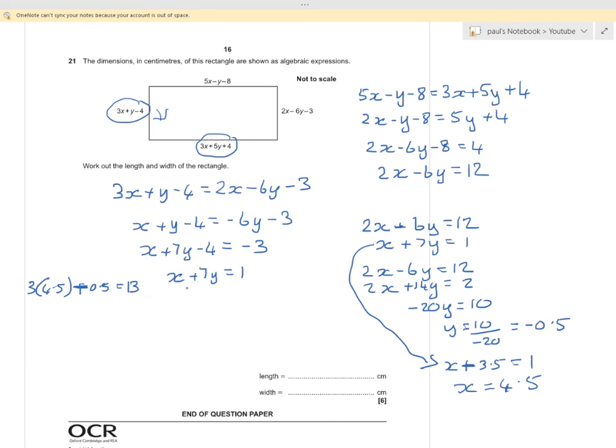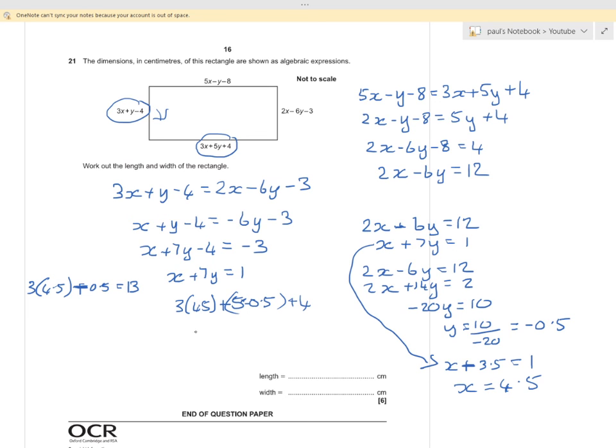Anyway, crack on. Let's try this one. So 3 times 4.5 again, plus 5 times minus 0.5, plus 4.